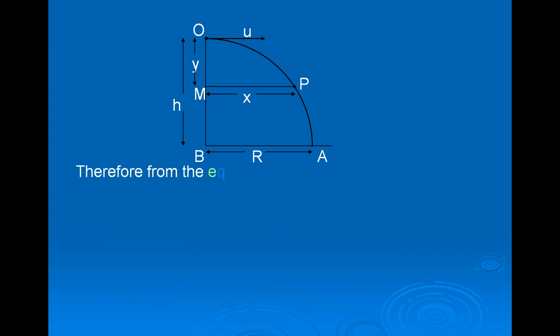Therefore, from the equation of motion, s is equal to uyt plus half ayt square. Putting the values, we get h is equal to 0 into capital T plus half g into capital T square. Again, 0 into something is 0.